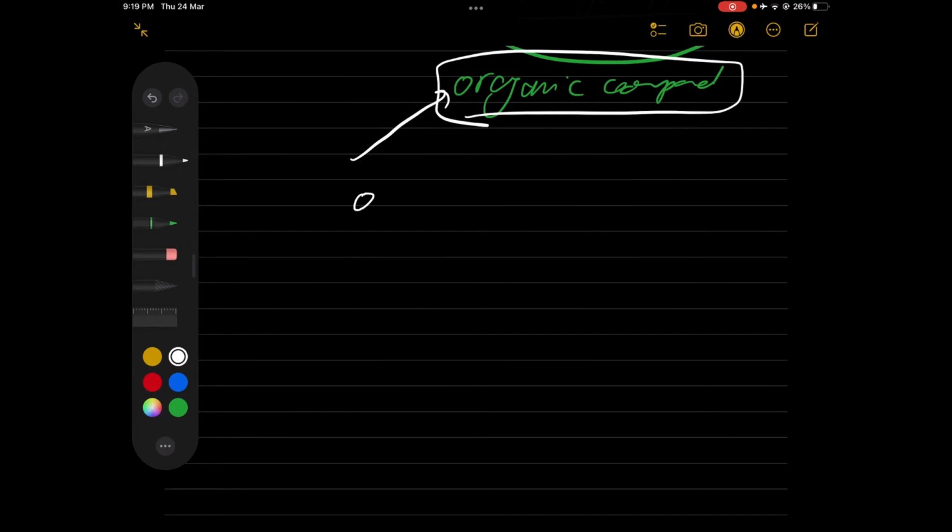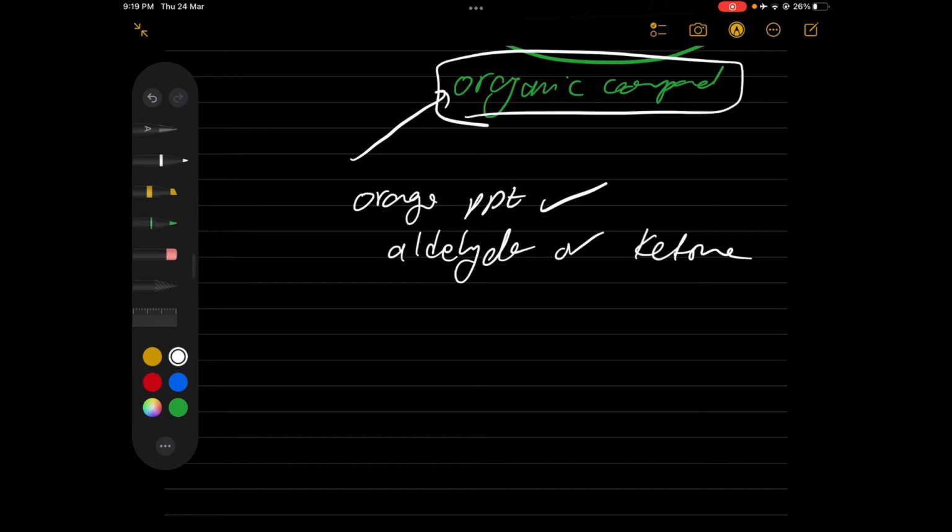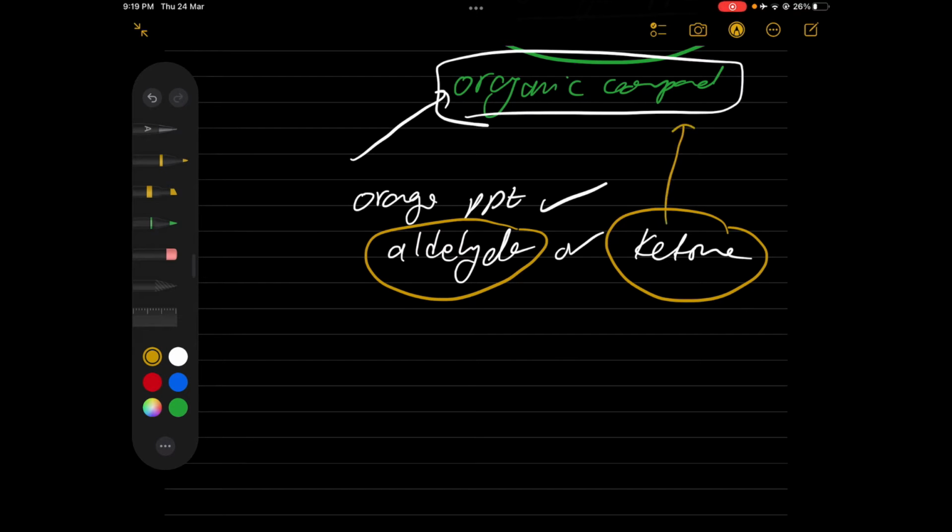If you have an orange precipitate, then you have an aldehyde or a ketone. So I can conclude there is an aldehyde or ketone as a result of the positive test with 2,4-dinitrophenylhydrazine. If we don't have a ketone or aldehyde, no change will happen.